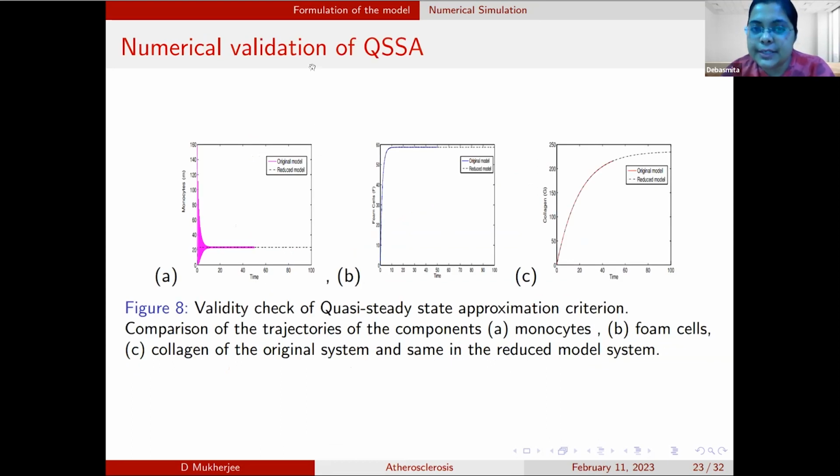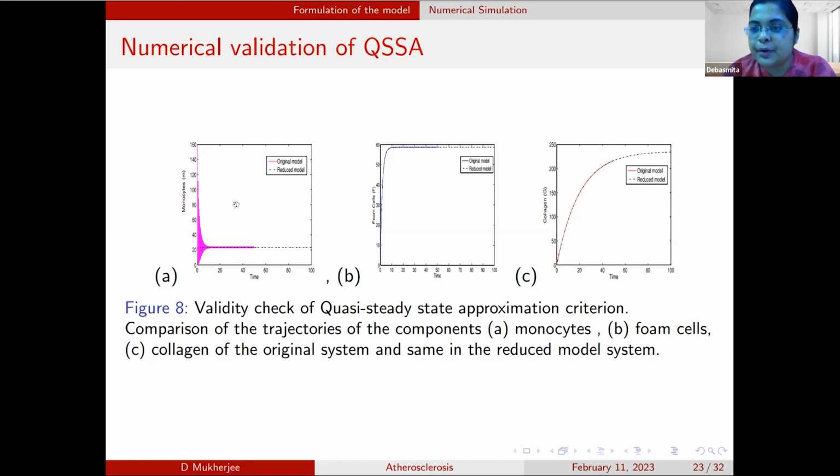Now, how can we tell that the reduction method is numerically valid? Using this plot, you can see that the colored one is from the original model, and the black one is from the reduced model. This diagram is for the monocytes.